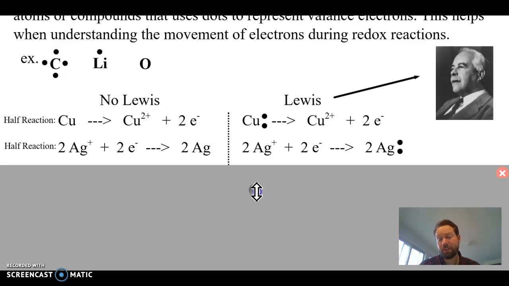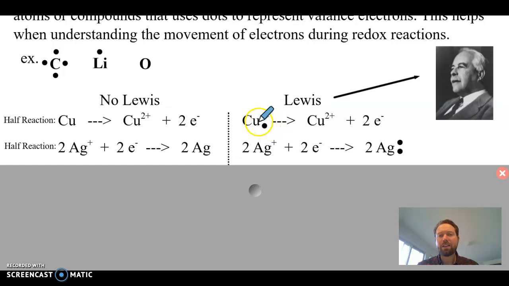So again, for the example of what we just did, copper and silver, the half reactions are there. And what I showed you here is the non-Lewis dot structure versus the Lewis dot structure. Again, what you see here is really the movement of electrons.